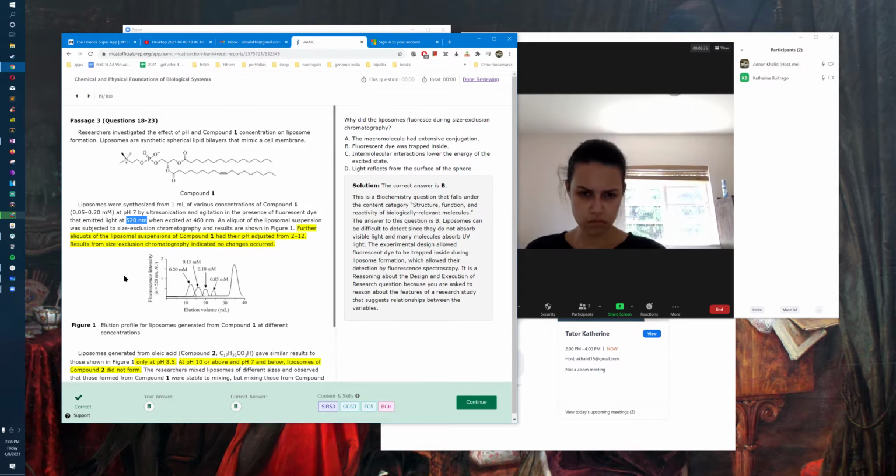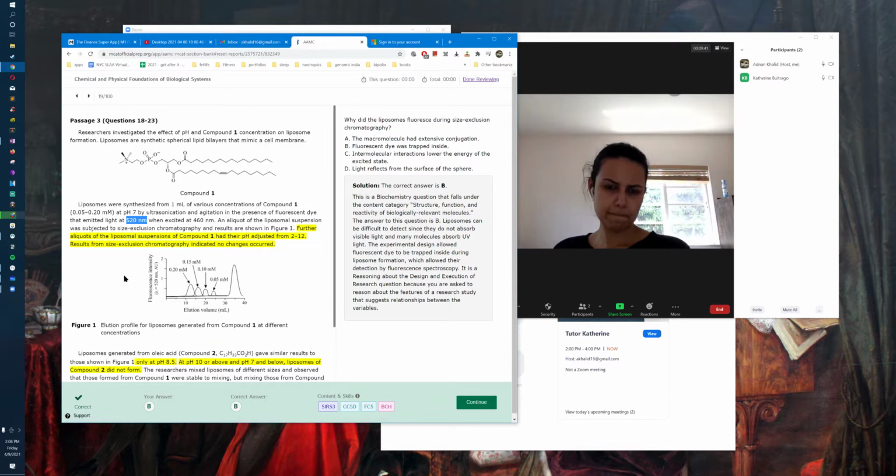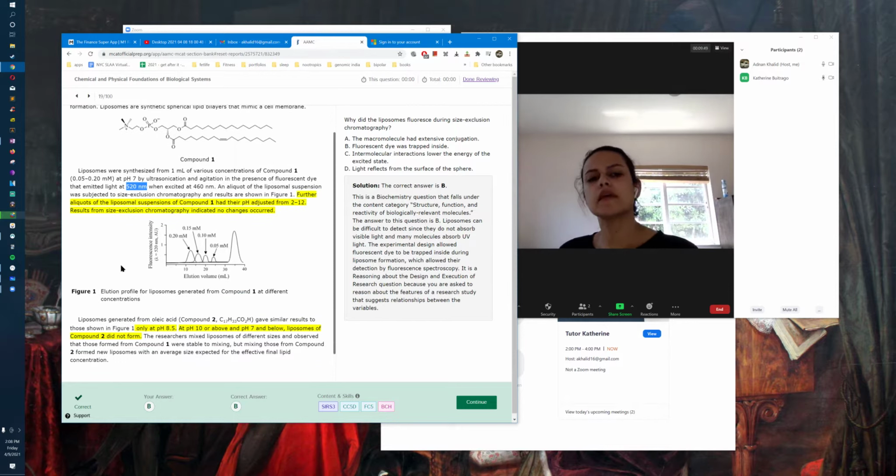Okay, so when we look at that, we just have to see what it means, and that's basically what it's telling us. Okay. I am not really understanding the actual experimental setup.